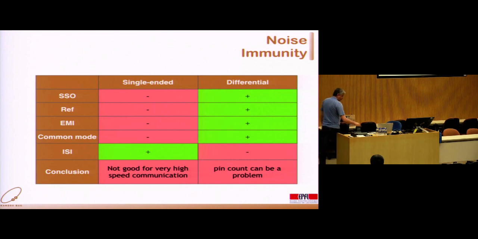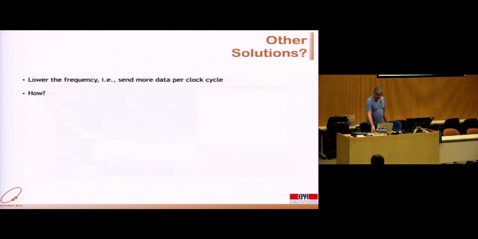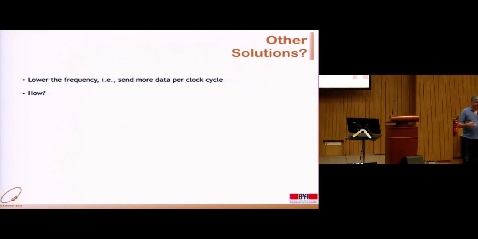Okay, so are there other solutions? The problem in this field is that practically all the noise is what we call frequency selective, and it gets much, much worse with higher frequency. It doesn't go linearly or anything. It's almost exponential.